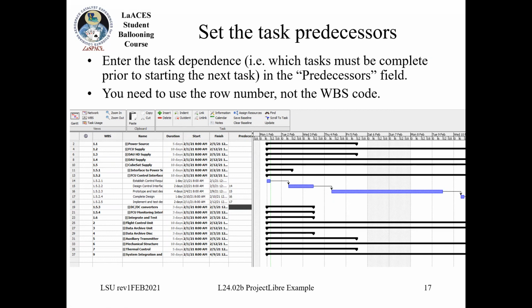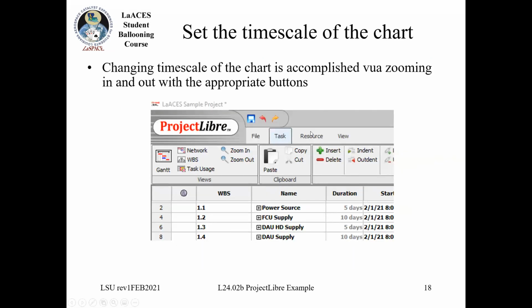And since this is a project that's going to last several months, I'm going to want to be able to zoom out. The way you do that is there's simply a zoom in and zoom out button next to the Gantt chart view under this task tab. Unfortunately, those zooms are pretty big jumps, but that's the way it is for this particular free version of software.